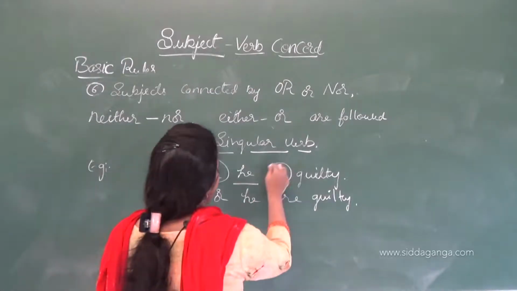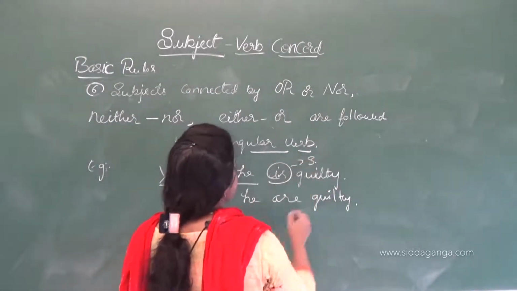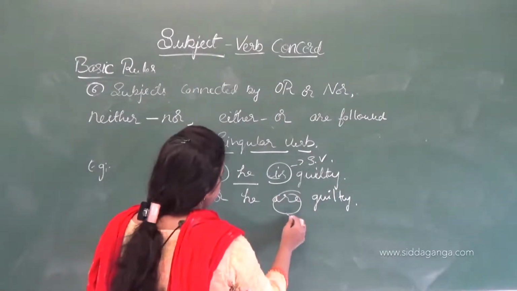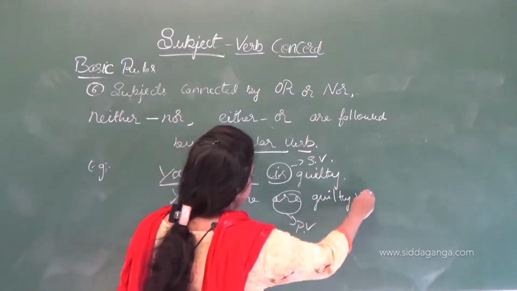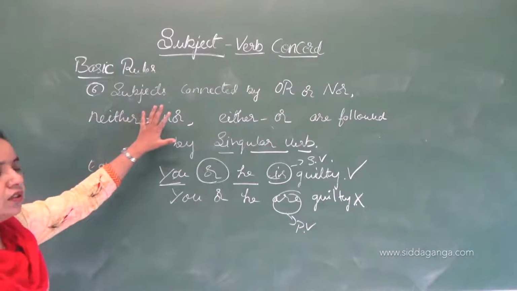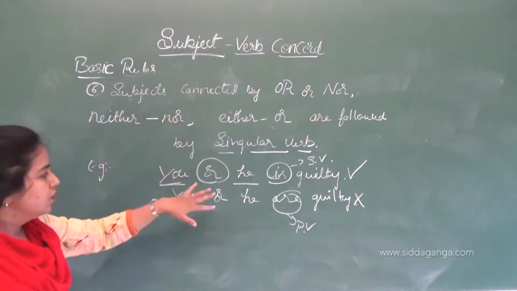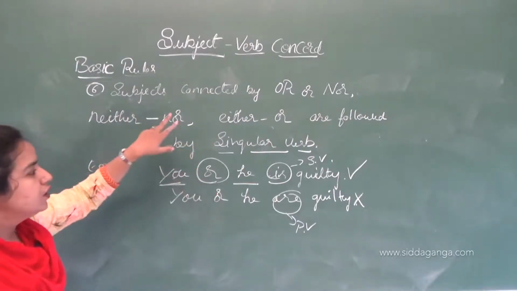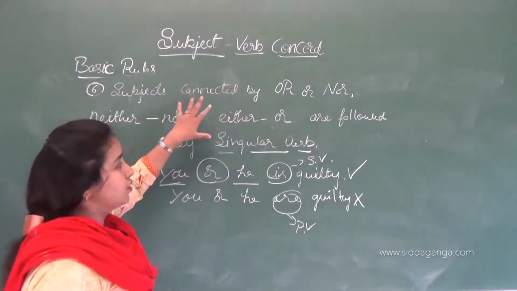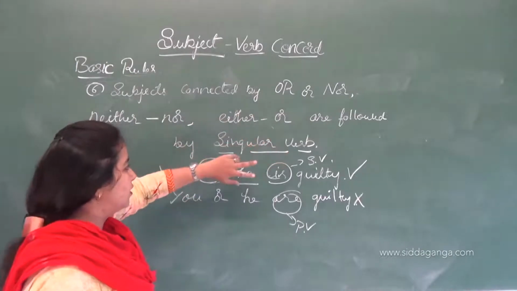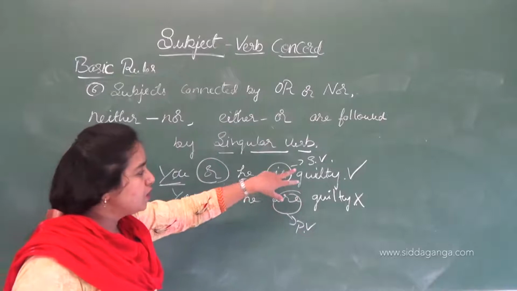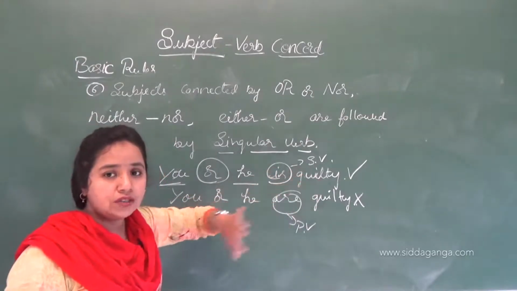So if the helping verb is singular, this is right; the plural verb statement is wrong, according to the rule. So if in the sentences you use or, nor, either or, neither nor, the verbs change into the singular verb, not the plural verb.